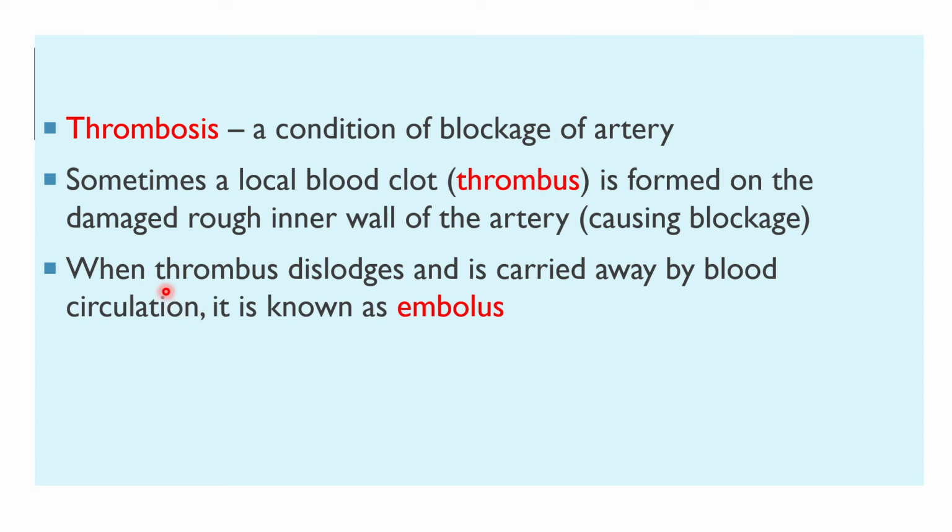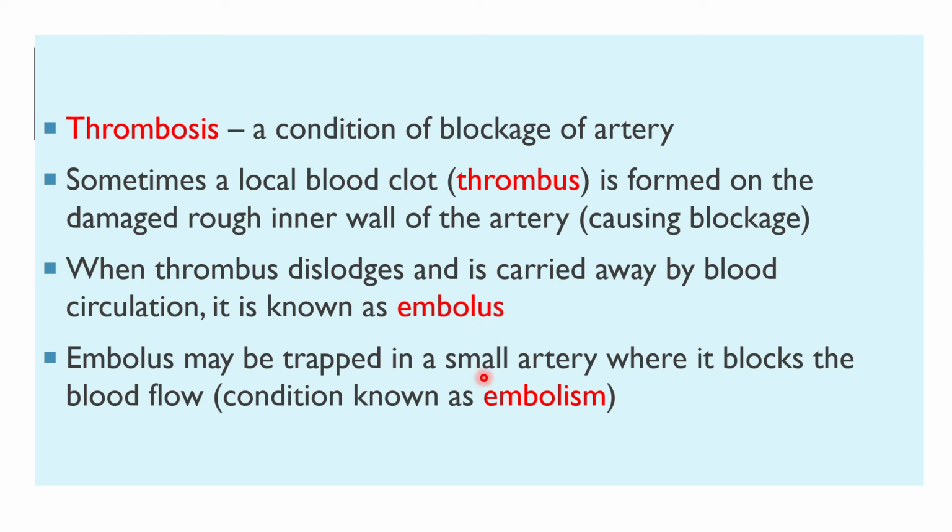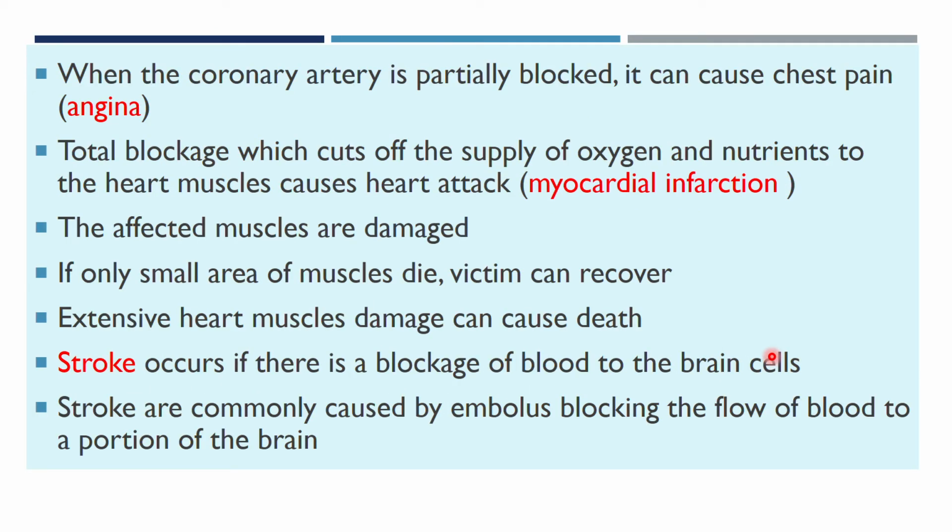And when this thrombus dislodges and is carried away by blood circulation, now we call it an embolus. But when it gets trapped in a small artery, here is the danger because it is going to block the blood flow. It depends.